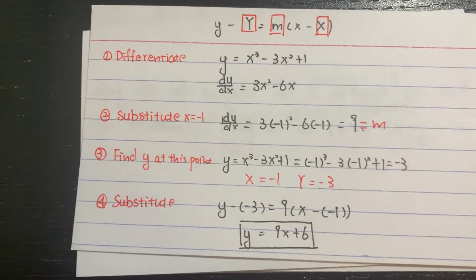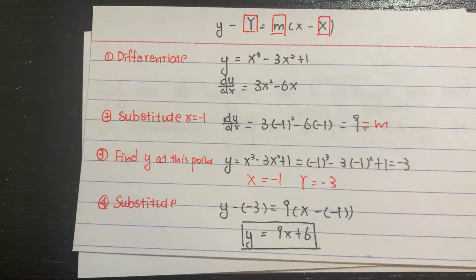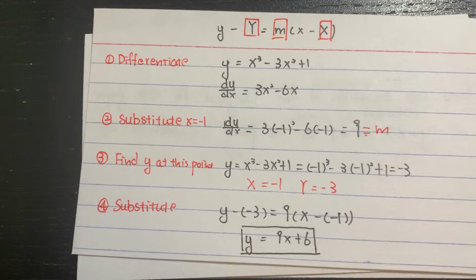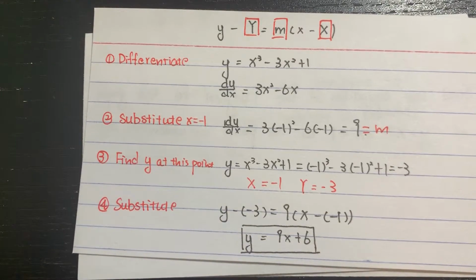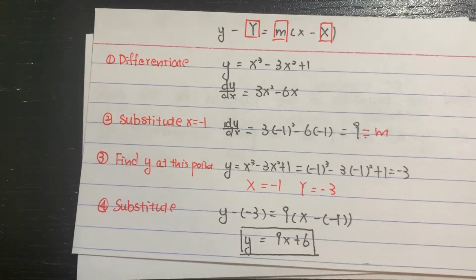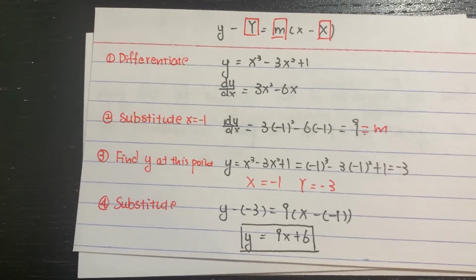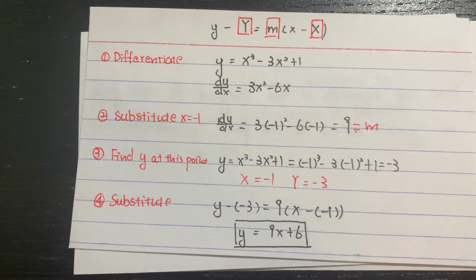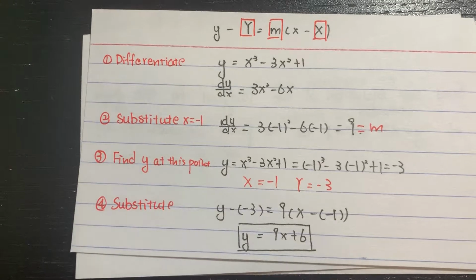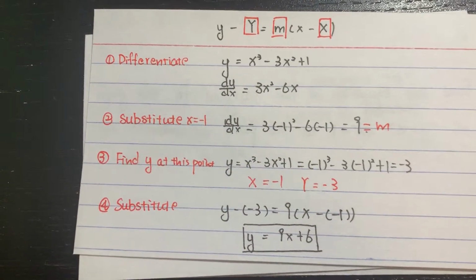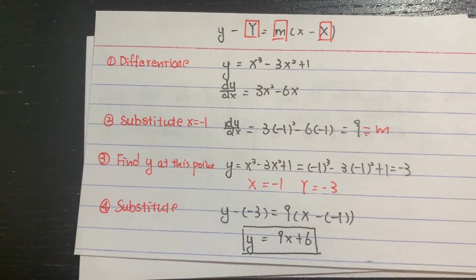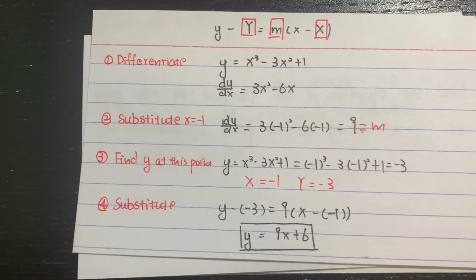You substitute that into the derivative and you get a number, which is 9 in this case, and that's the slope of that tangent line. Especially in tangent, it's a linear function, so you'll have a slope, which is 9 in this case.